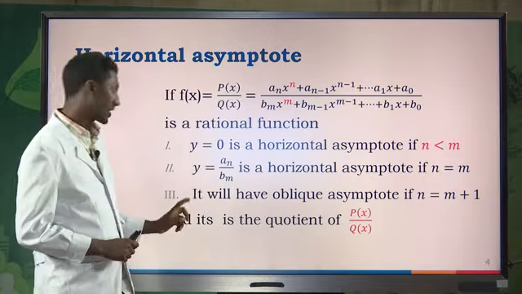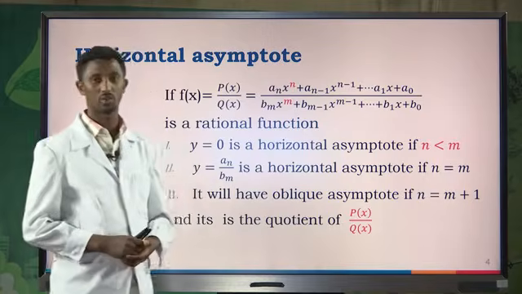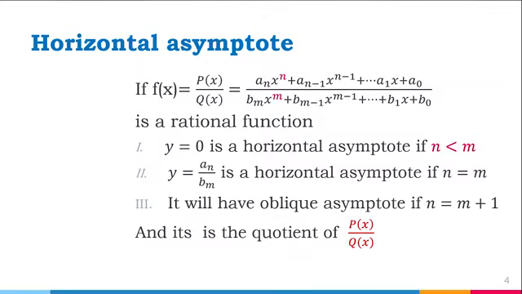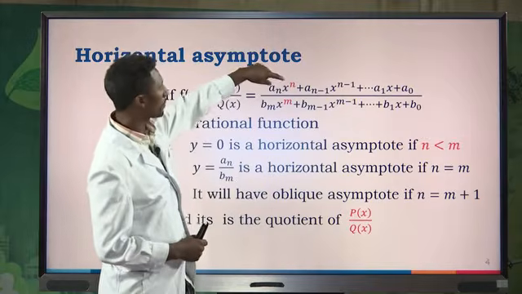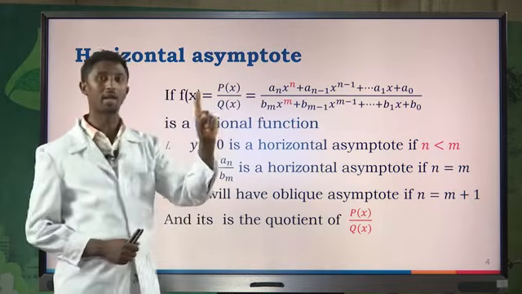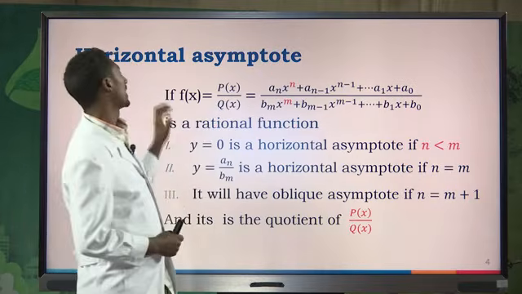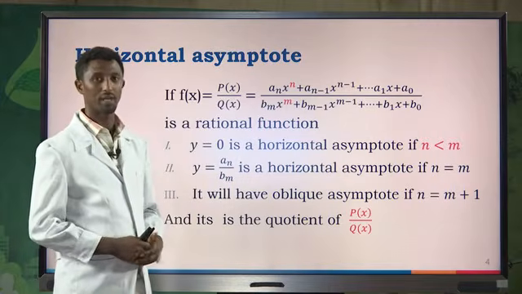Then the third case, the graph will have an oblique asymptote if n equals m plus 1, which states that if the degree of p of x is greater than the degree of q of x by 1, then this rational function will have an oblique asymptote.